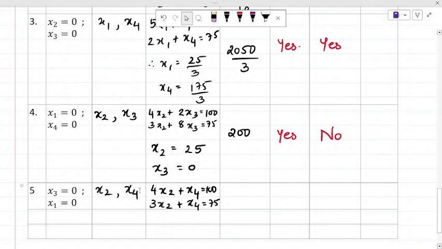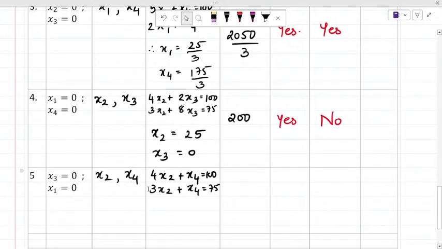Okay, so now we have to calculate again that x2, we can see it is clearly 75, right? X2 is 75, and here we will be able to get the value for x4 also.